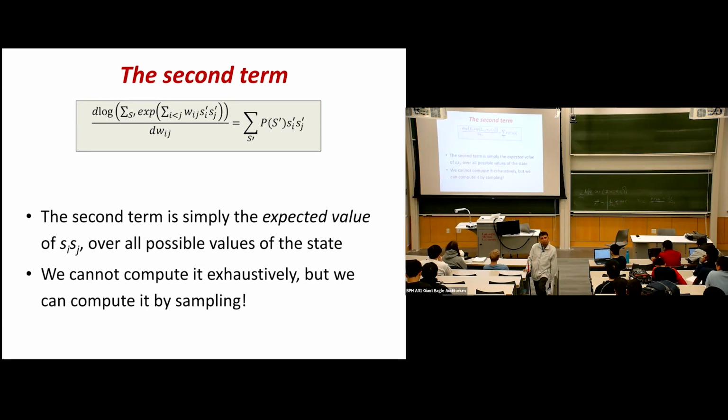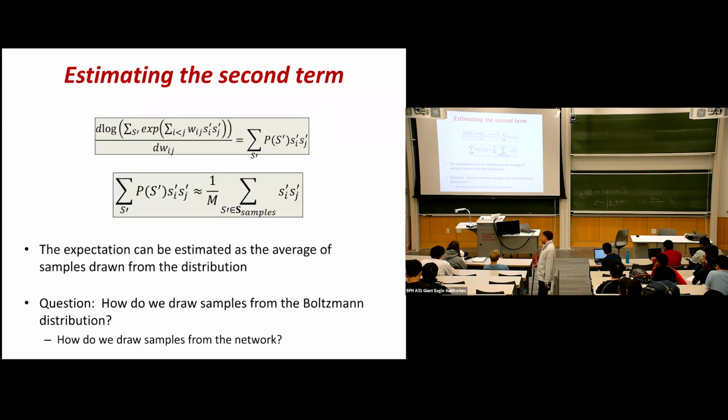And when we want to compute an expectation over a very large space, and we cannot do it analytically, what is the standard approach we use? We sample, right? The expectation can be obtained as the average of samples drawn from the Boltzmann distribution.